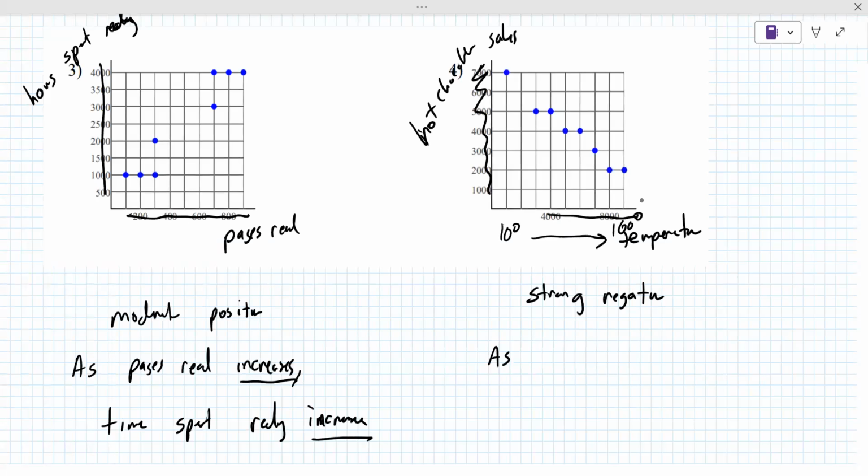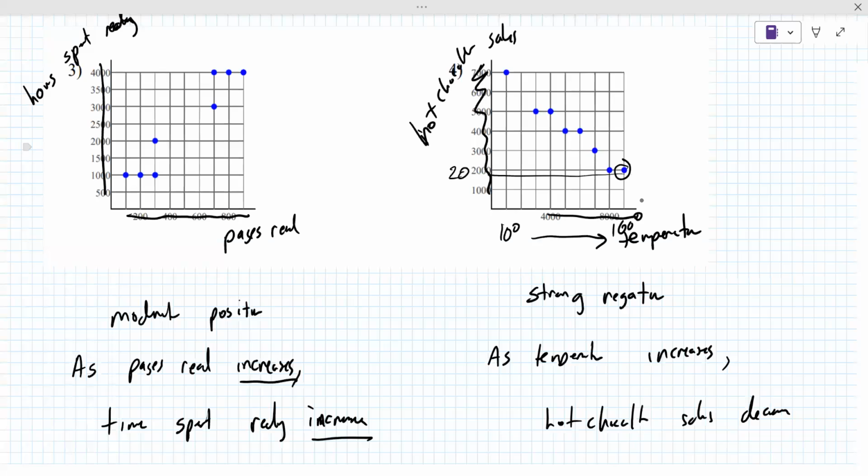So as temperature increases, hot chocolate sales decrease. Like this point over here means it's 100 degrees and maybe there's 20 hot chocolate sales, whereas this point up here at the top is 200 hot chocolate sales for 10 degrees.